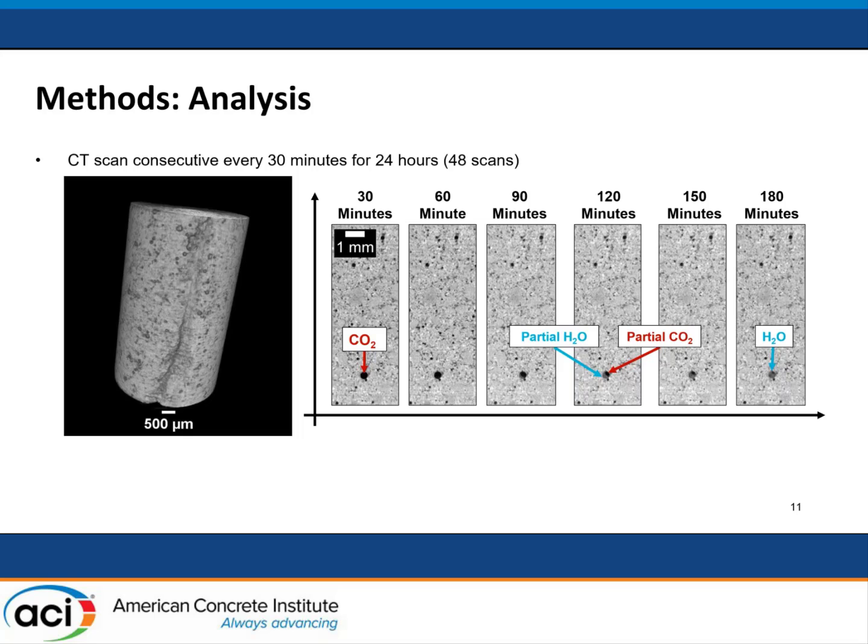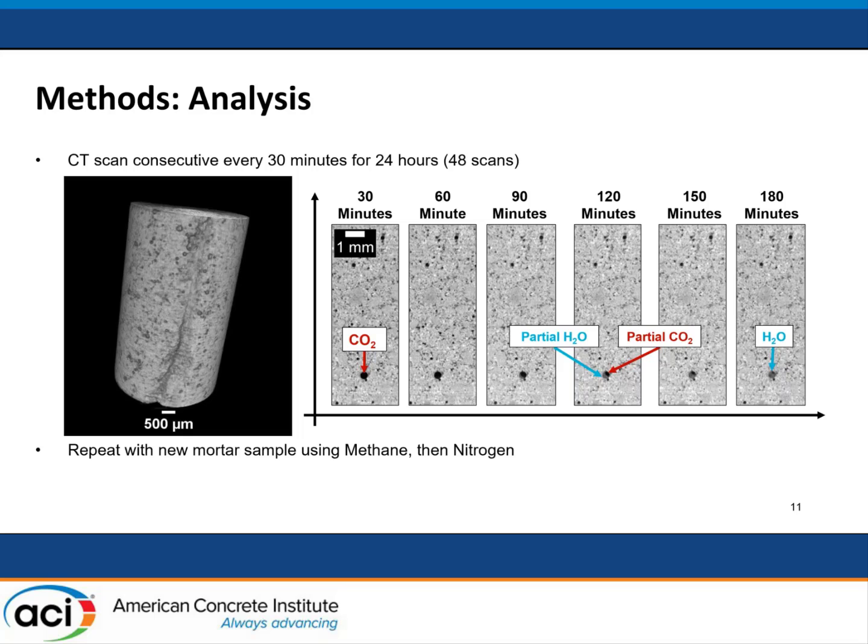And as you can see in this entrained void close to the bottom of the sample, it's first filled with a gas, that's the dark phase. And then by 120 minutes, you can see that a lighter phase has moved into the void space. So this is the water that is being absorbed and dissolving into the air void that is filled with CO2 in this case. And then by 180 minutes, it's basically completely filled with water.